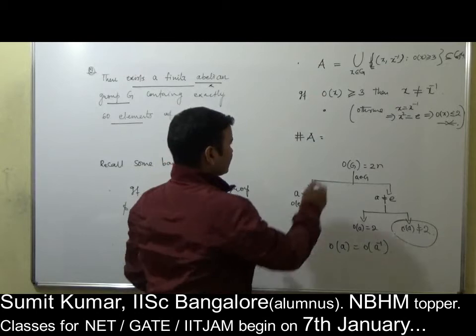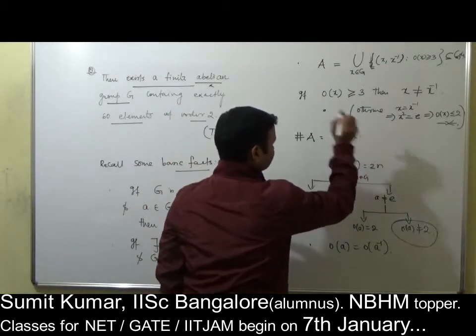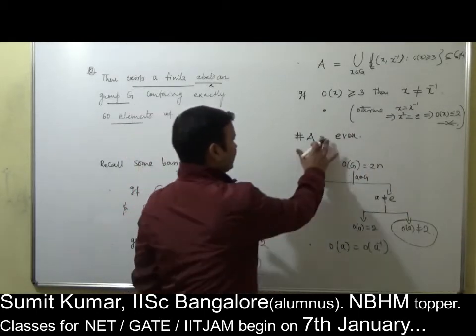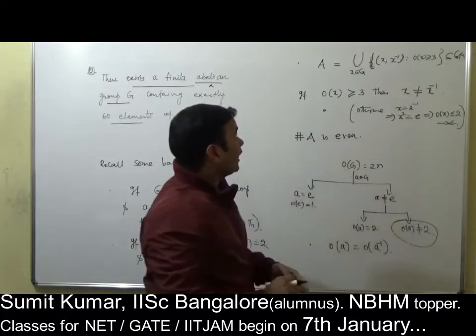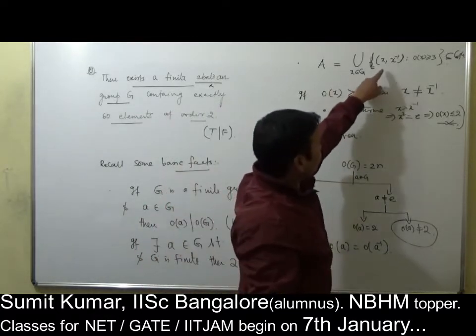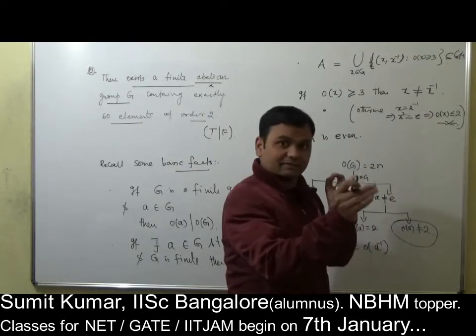It is always even. The number of elements in A is even. How am I saying this? See, if x is there, x inverse is there.